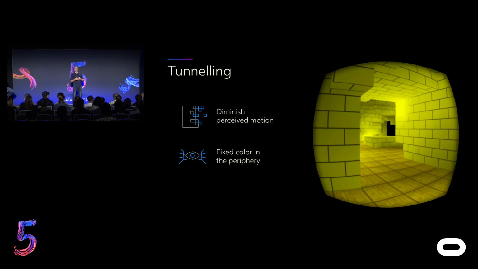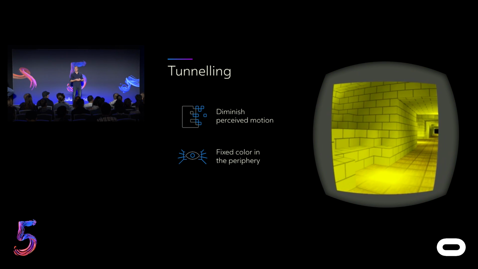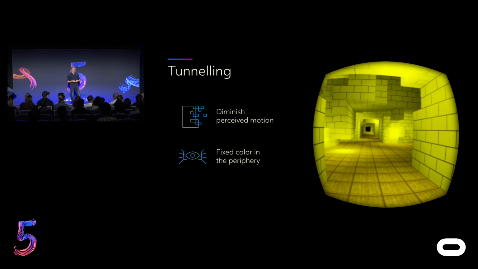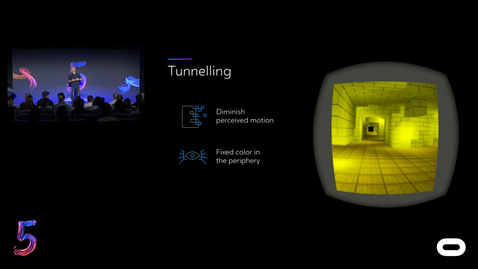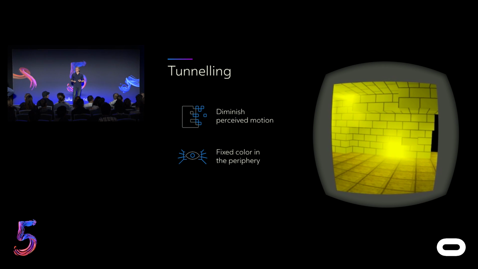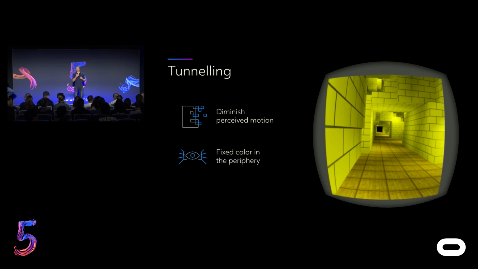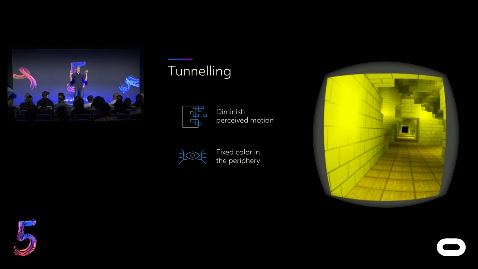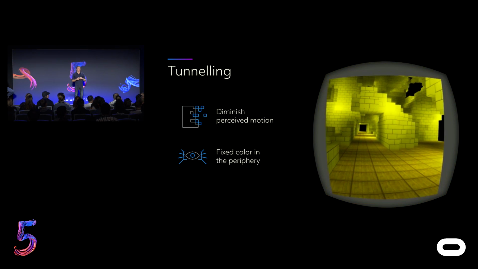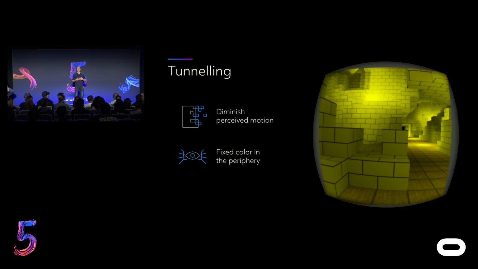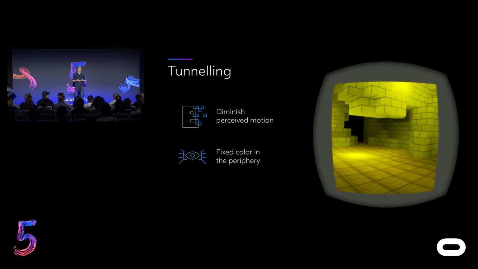Typically, games will have it going to black, and typically they're a little bit smarter as well, with a nice fade, nice vignette on the edge. The way this works is it diminishes the perceived motion. A lot of the motion that you see through your visual system is in your periphery. So at suitable moments, we'll bring in the periphery, and tuned nicely, that will be non-intrusive, but help to keep players more comfortable within the applications.